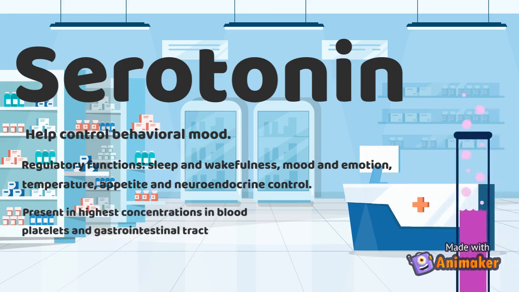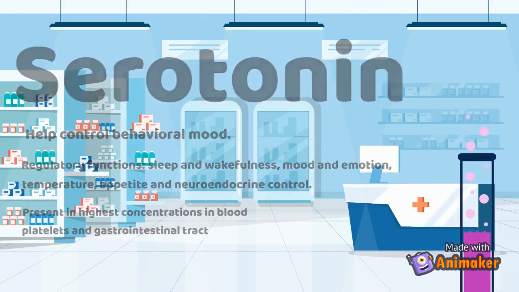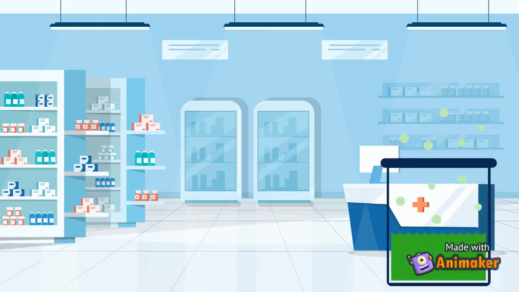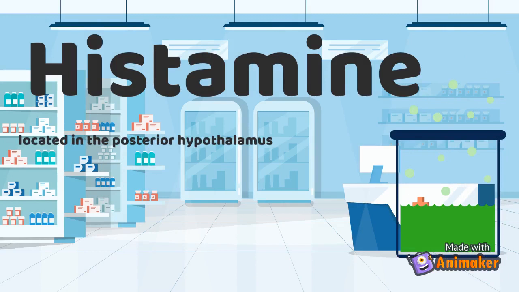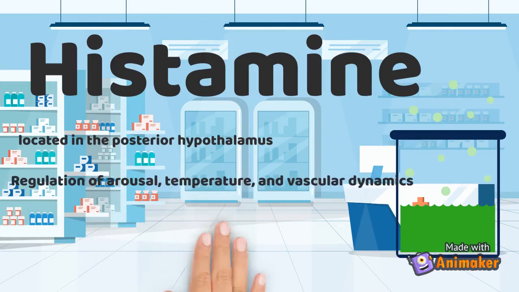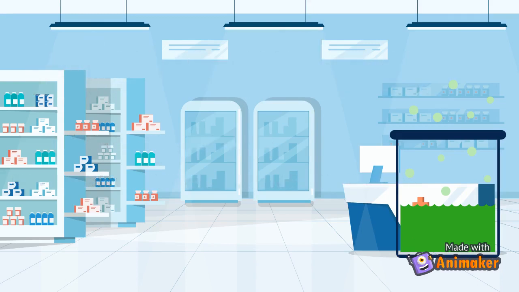It is present in highest concentration in blood platelets and the gastrointestinal tract. Histamine is mostly located in the posterior hypothalamus. Regulation of arousal, temperature, and vascular dynamics.